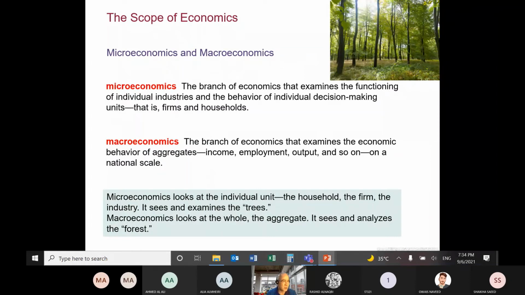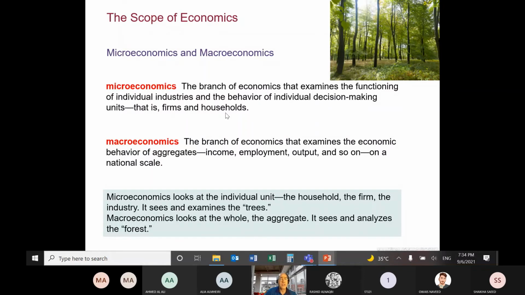So this is microeconomics. So what is microeconomics? It is the price theory, how the price for a single product is determined in the market. So we will analyze individual decision-making units. So a producer, such as Owais, has to make decisions about how many kilos of tomatoes should be produced to maximize his profit.